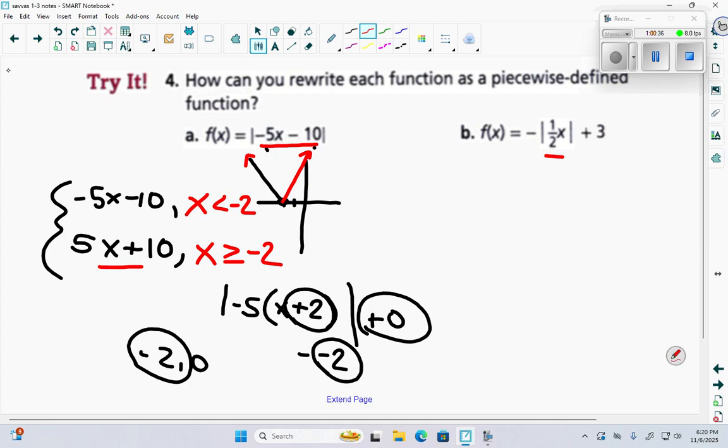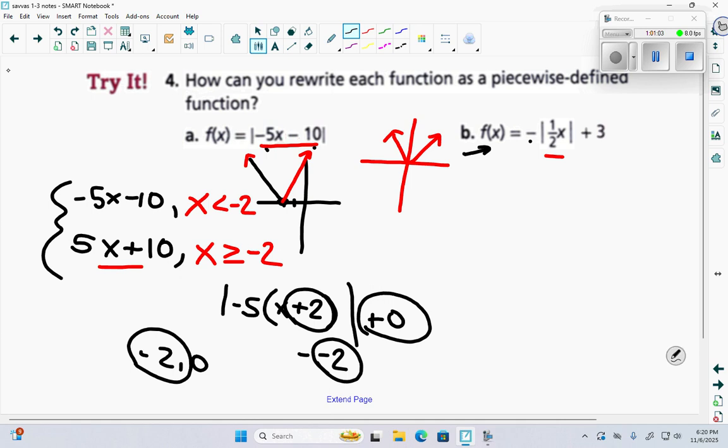Before we get started, we're just thinking about our last section. If I were to graph this, I know it's V-shaped. The pattern's not going to be over 1 up 1 because of the 1/2 that's involved. But we're not graphing. I'm just going to visualize what we're looking at here. So my original parent function would look like this. If I were to convert it to this one over here, this negative tells me that it's going down, so it's flipping upside down.